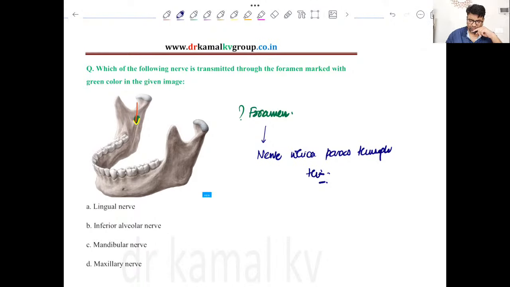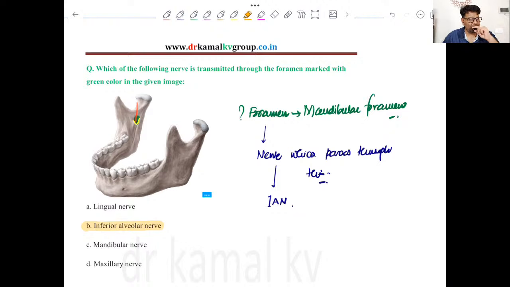Yes, which foramen is this? This is actually mandibular foramen, right? And through mandibular foramen there is passage of inferior alveolar nerve, right? So the answer here will be inferior alveolar nerve.